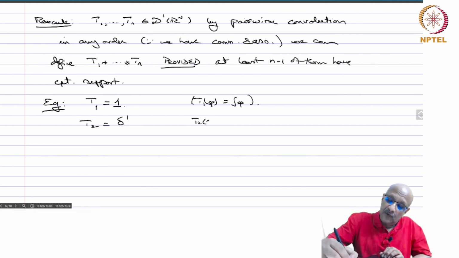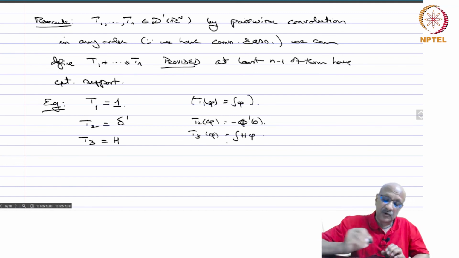So, T2 of phi is equal to minus phi dash 0, and T3 is the Heaviside function, T3 of phi is integral h phi. Okay, so these are the 3 distributions we have.